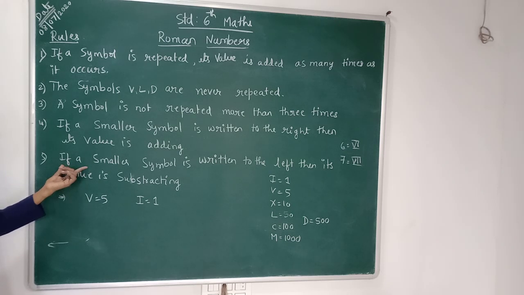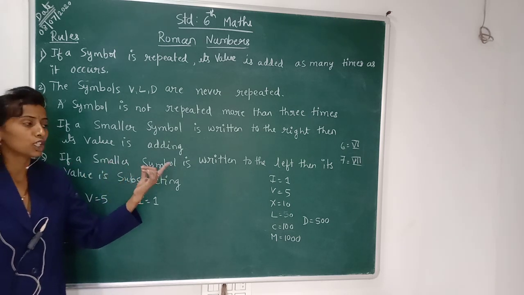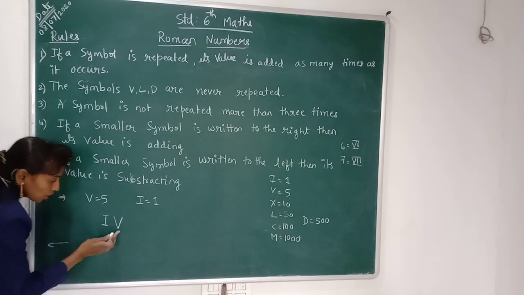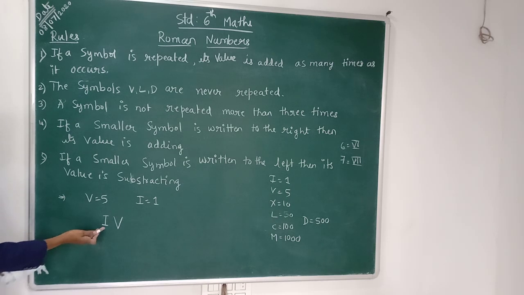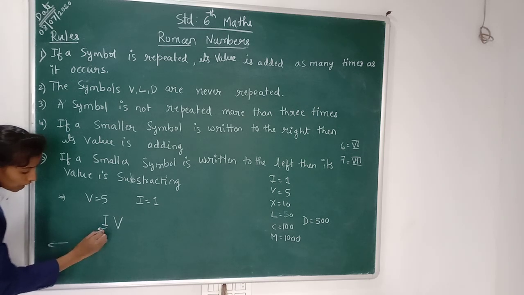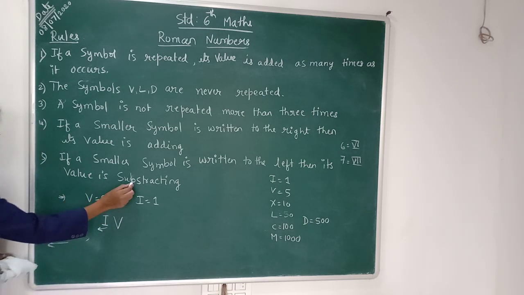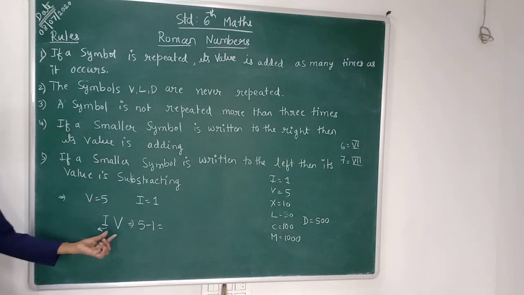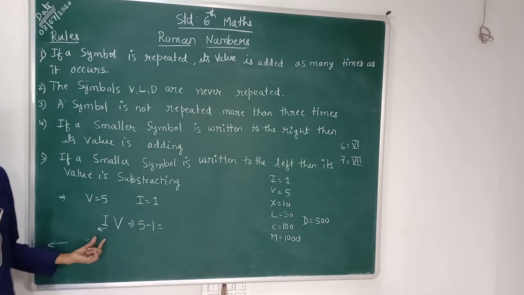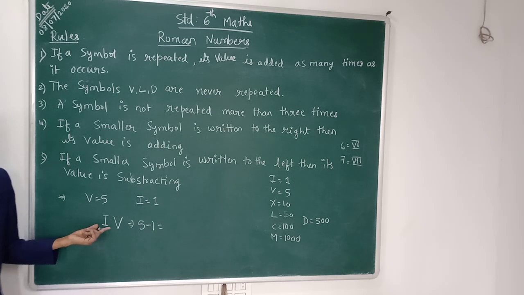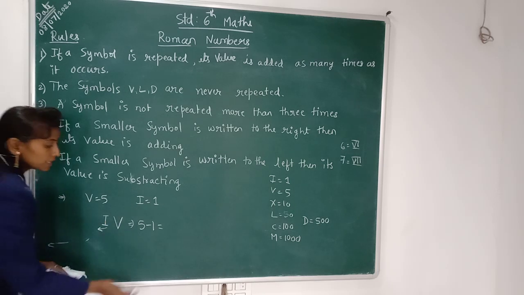The fifth rule says if a smaller symbol is written to the left, then its value is subtracted. So 5 minus 1 is 4.